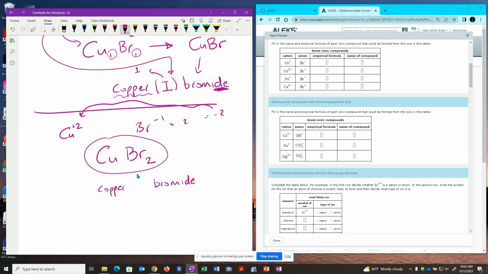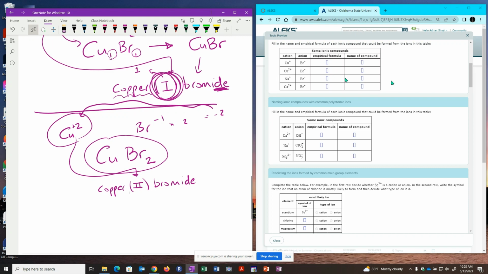However, just like above, where we specified the charge on the copper being 1 plus, here now the charge on the copper is 2 plus. So we need to say the charge there is 2. We use the Roman numerals in parentheses. So that's copper II in parentheses, copper(II) bromide, as the name for that compound.